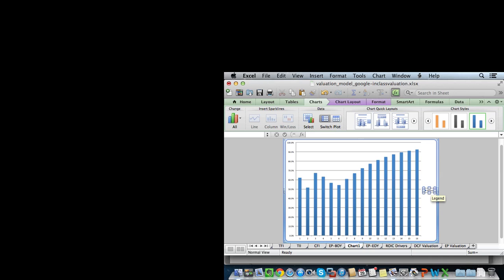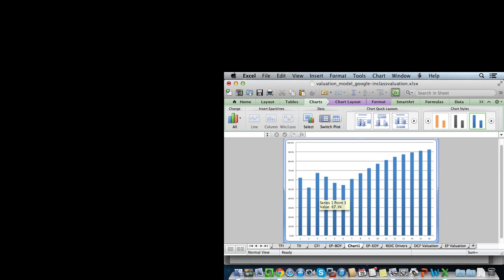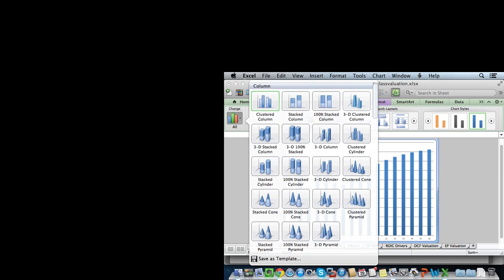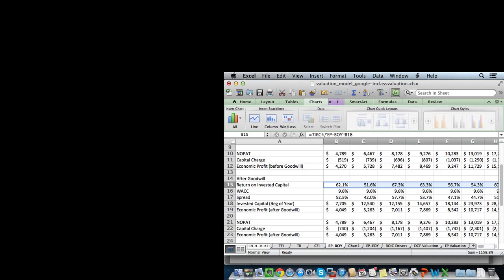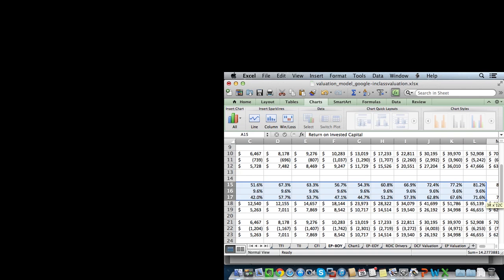Why it's not giving me the ability to do a line chart, I don't remember, because I hate Excel. There's something causing me not to be able to do a line chart. Well, this is a bar chart. I want it to be a line chart, but what it really represents is a line chart of the economic profit ROIC.